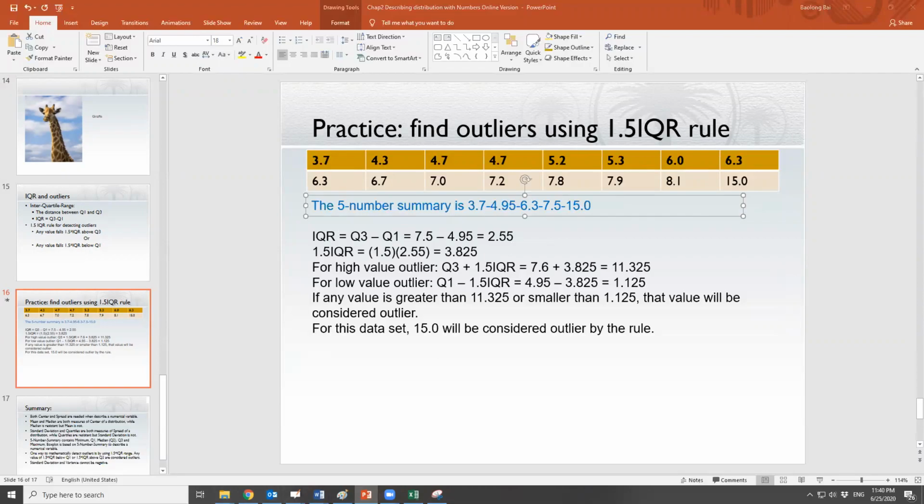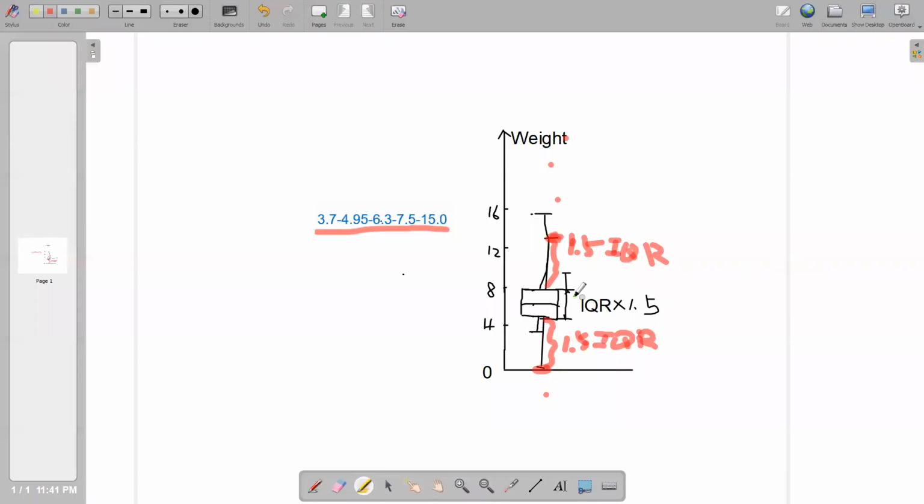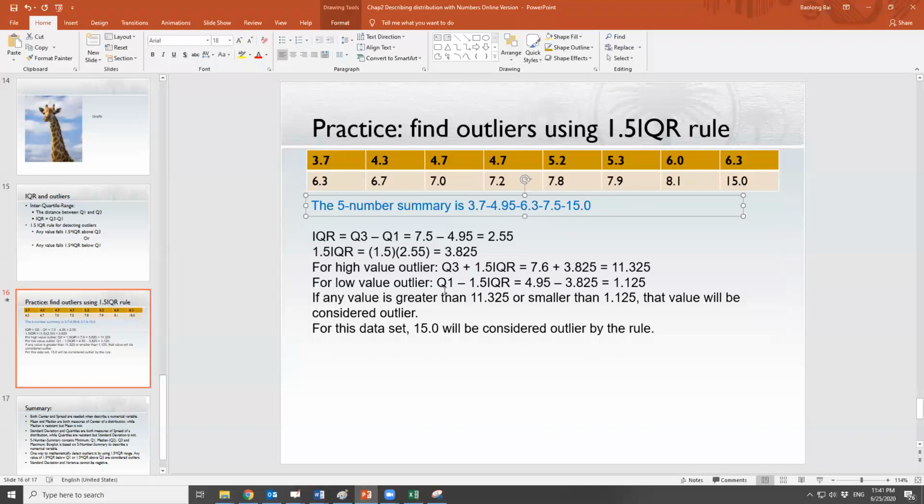Now we multiply it by 1.5 to make it a little longer. So 1.5 multiplied by IQR is 3.825.